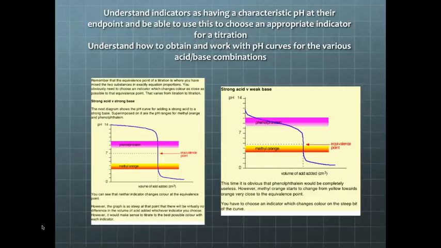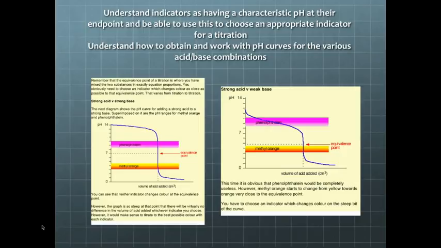There is virtually no difference in the volume of acid added, whichever indicator you choose. The line is almost straight up and down. So you could use methyl orange or phenolphthalein as an indicator.